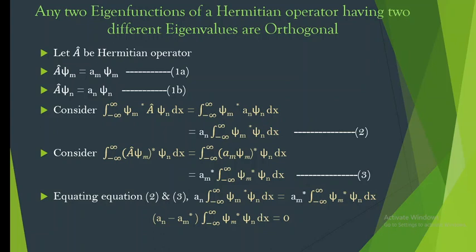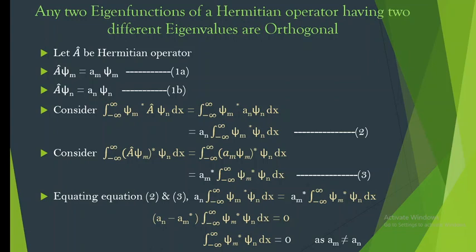We have already seen the first theorem, where we know that eigenvalues of a Hermitian operator are always real. So we can say this bracketed term is nothing but an minus am. So finally, the integration from minus infinity to plus infinity of ξm star into ξn dx is equal to 0.